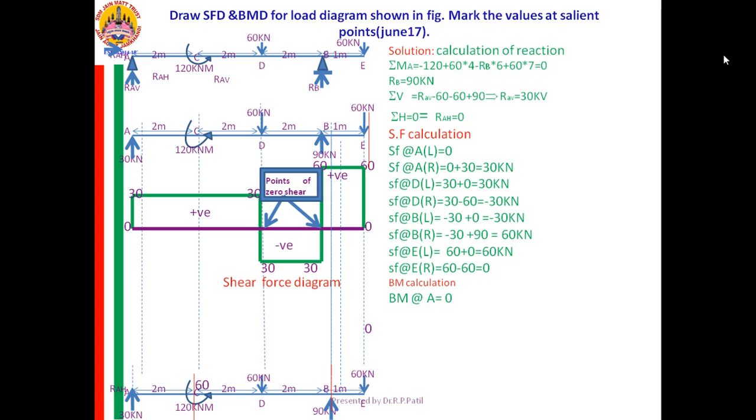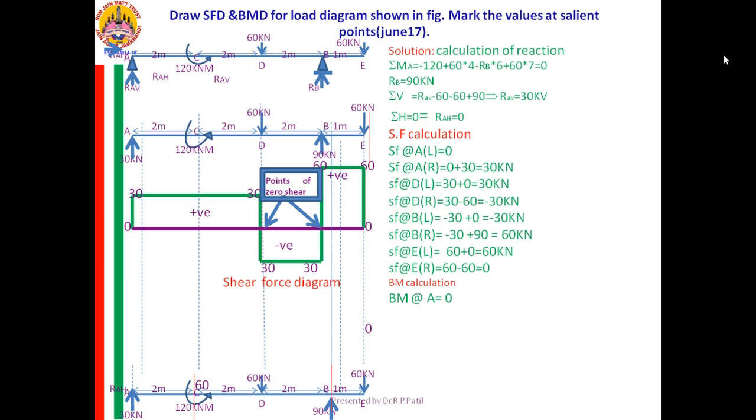What indirectly I want to say is, if you want at left of C, you take the left part for the calculation. If you want at right of C, you take the right part for the calculation, so that the couple will remain there only. But for practice, I tell you on both the sides.